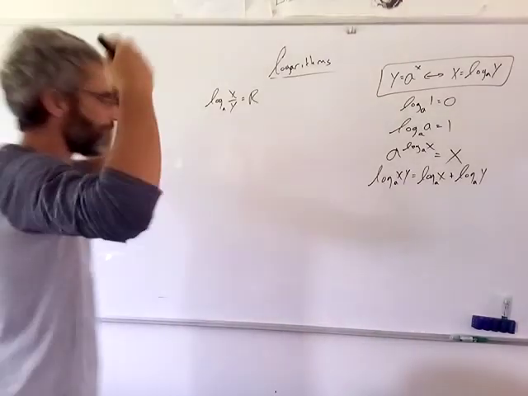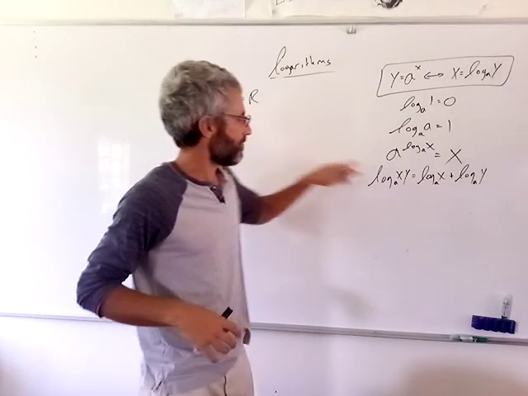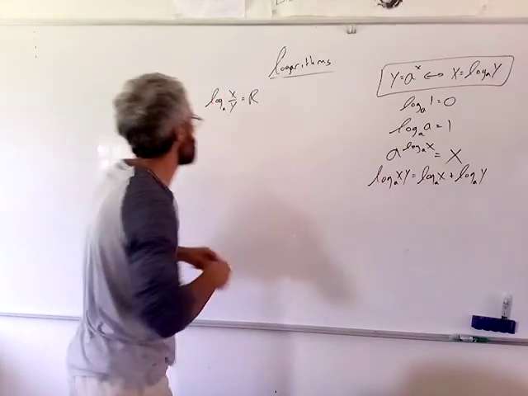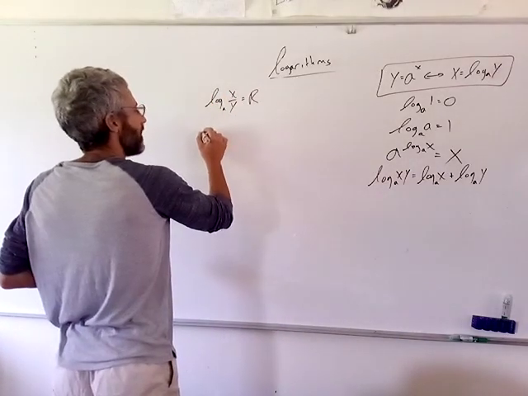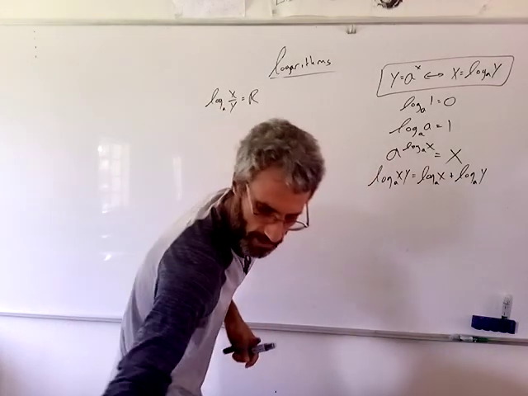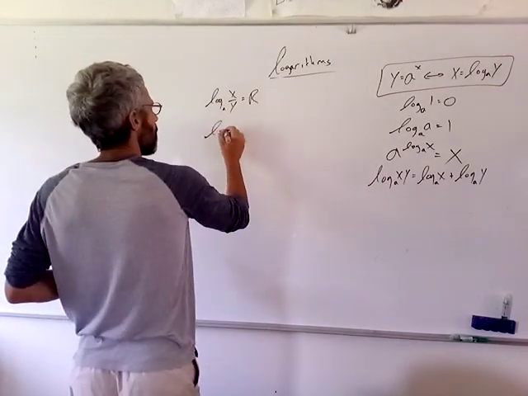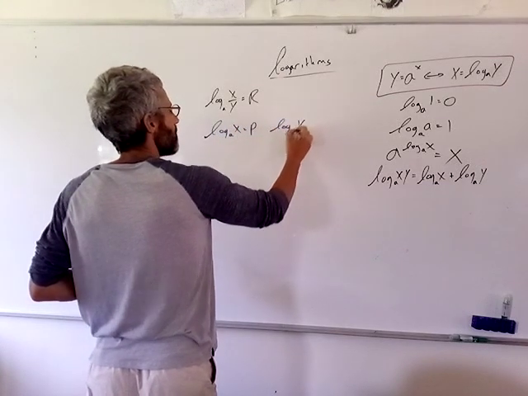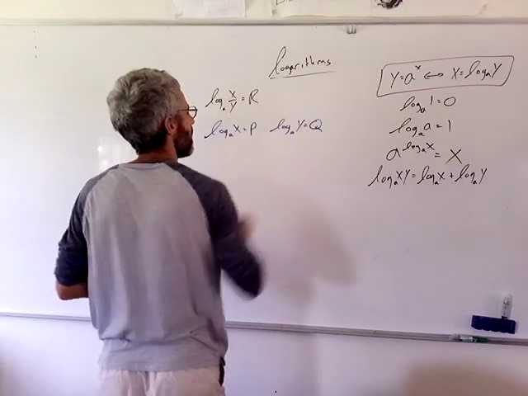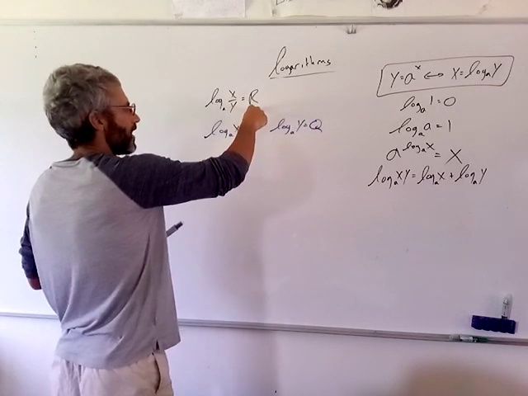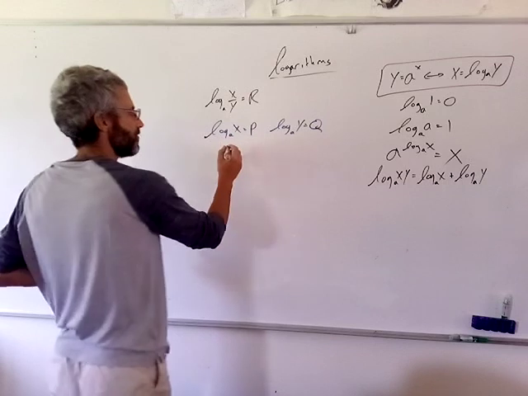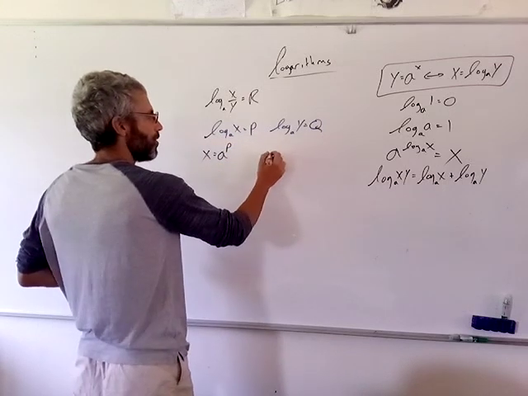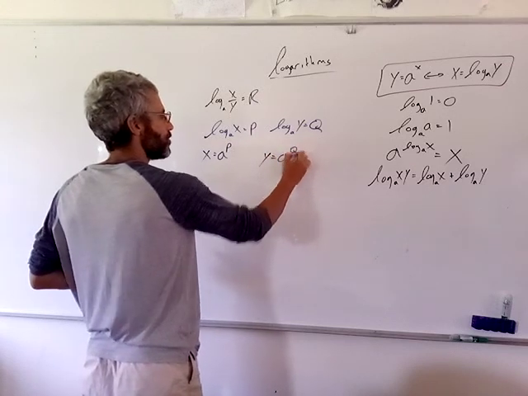Okay, the next obvious rule we're going to try and develop is for not x times y, but x divided by y. And it's exactly the same process. So we're going to first define, let's use a different colorful definition, right? So we're going to say log x base a is p. Log y base a is q, okay? And then we're going to write the exponents version: x equals a to the power p, y equals a to the power q.